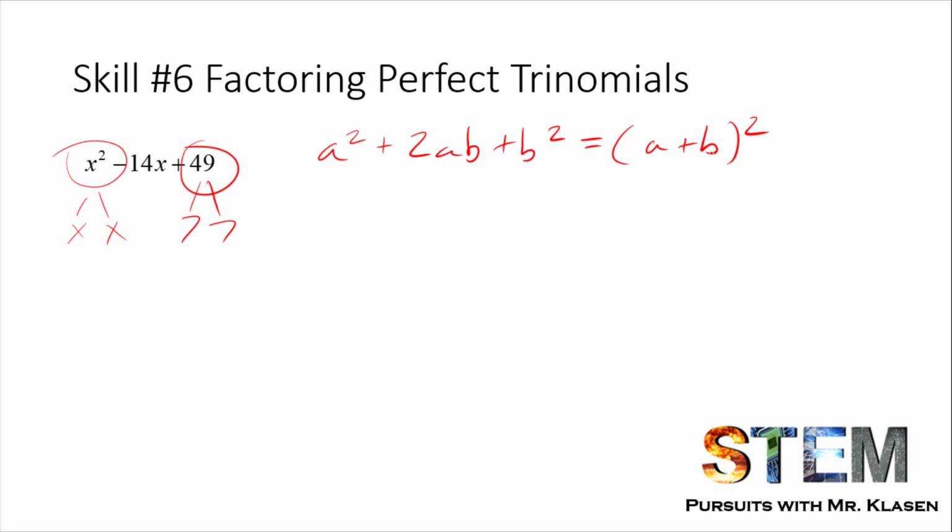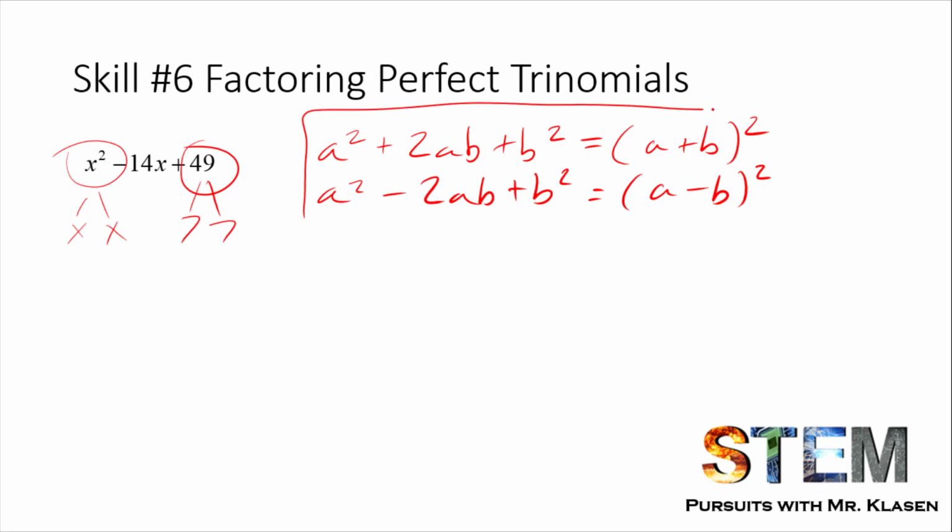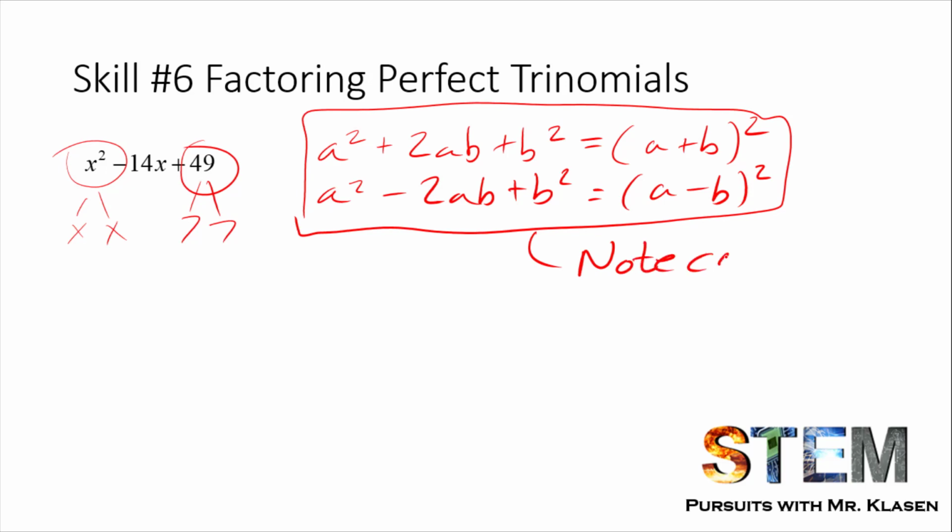It's two binomials that are squared, all right? And then you have a squared minus 2ab plus b squared is also a situation that can occur. And this is equal to a minus b squared. And again, this is note card worthy material. All right, put this on your note card.